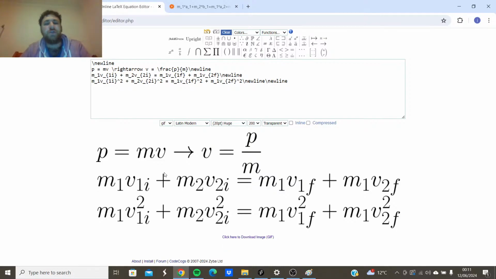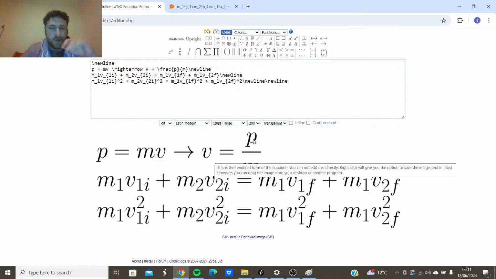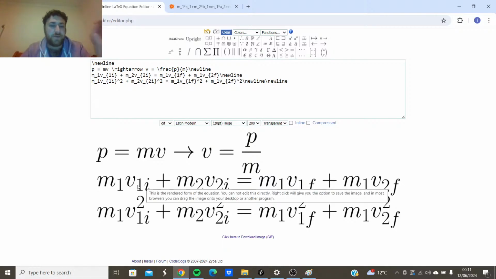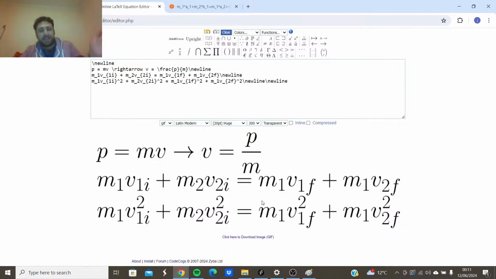We're going to replace all of these velocities with momentum divided by mass. So v1i is going to become p1i divided by m1, or initial velocity 1 is going to become initial momentum 1 divided by mass 1. And same for all of these. They're going to be replaced with the correct mass and the correct momentum, right?